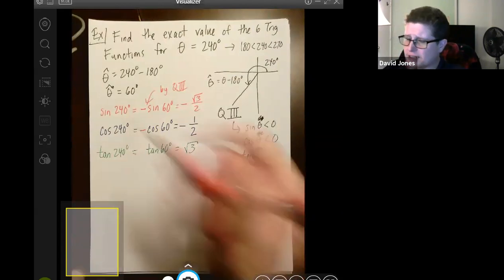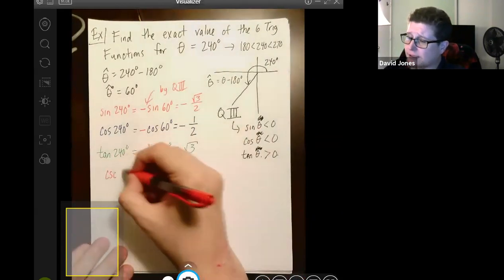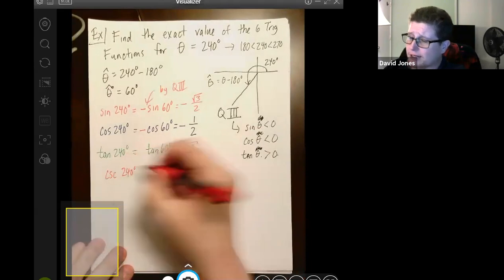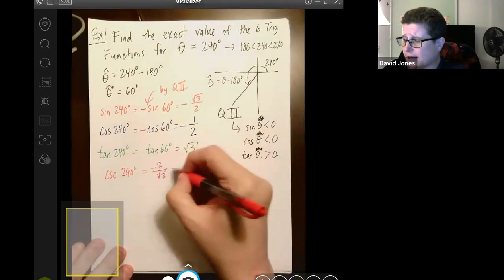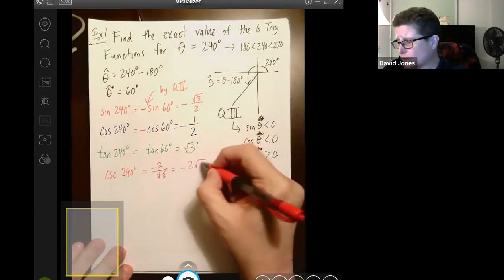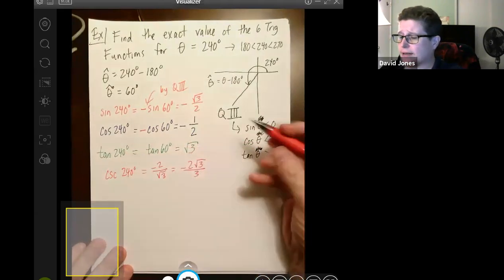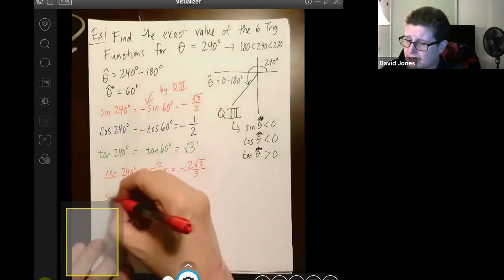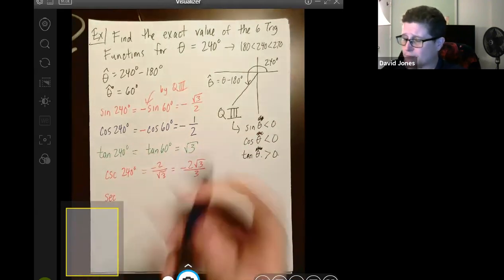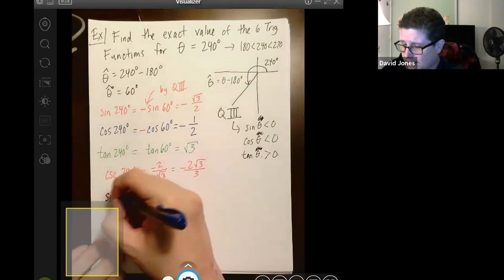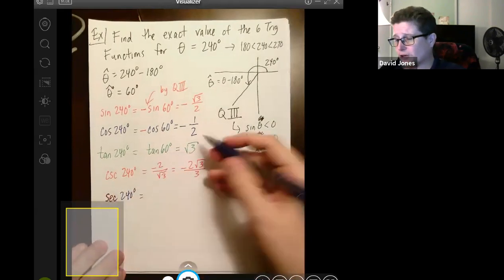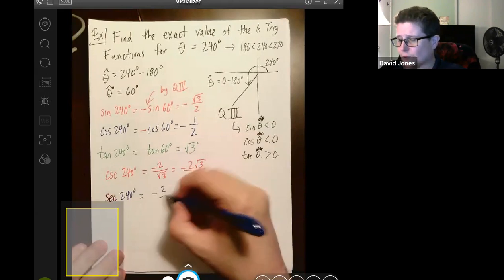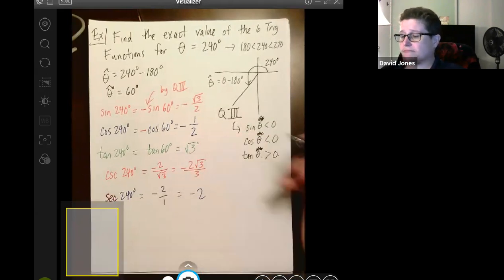Now we just flip these for our reciprocal functions. Cosecant of 240 degrees is negative 2 over root 3. And to write it correctly, we'll write negative 2 root 3 over 3. Secant of 240 flips over cosine. Flip over cosine, negative 2 over 1. It's just negative 2.